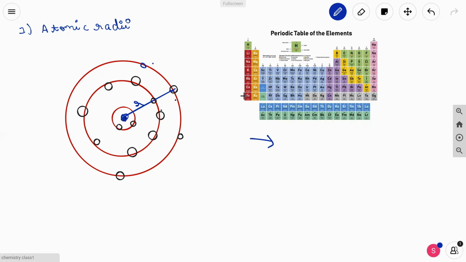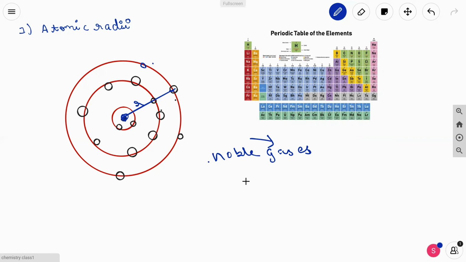By this theory, you would assume that noble gases have the smallest size in a period, but that is not what we know. The smallest element in a period is the halogen, the group 17 element of that period.